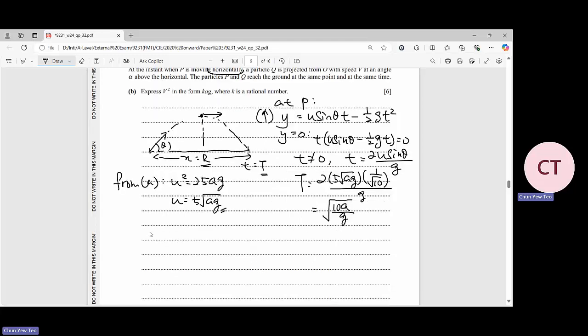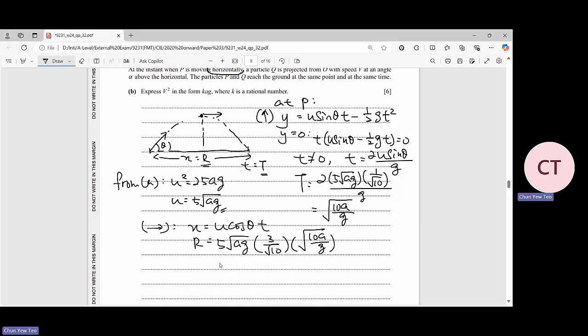Then what is the range? If you consider the horizontal displacement, the x is actually u cos theta t. So your range will be 5 square root of ag, times cos theta, which is 3 over square root of 10, times t, which is square root of 10a over g.